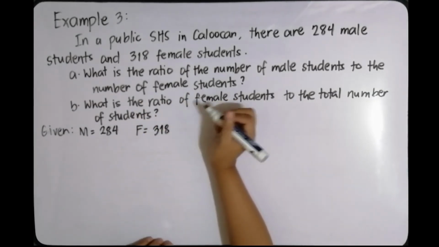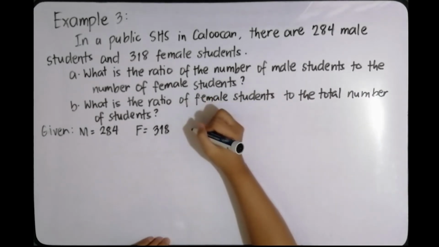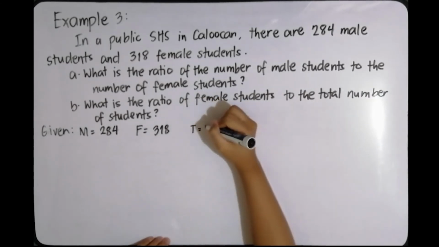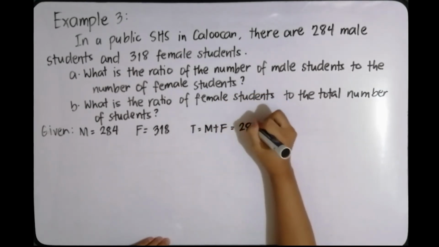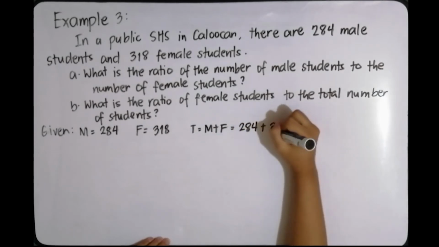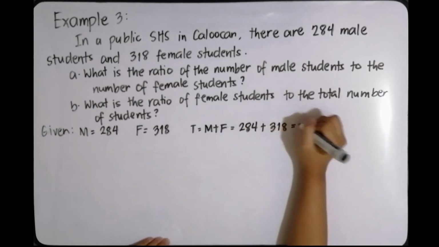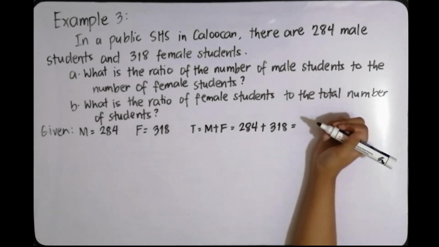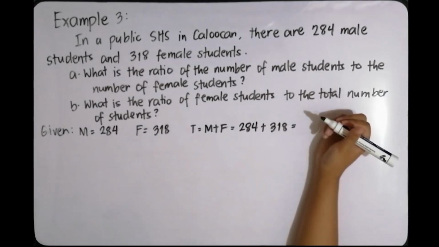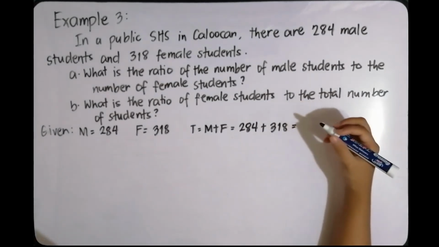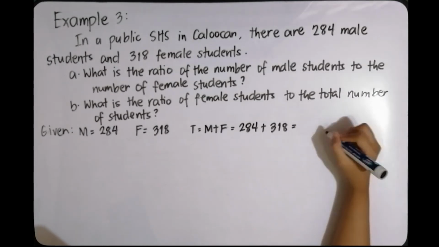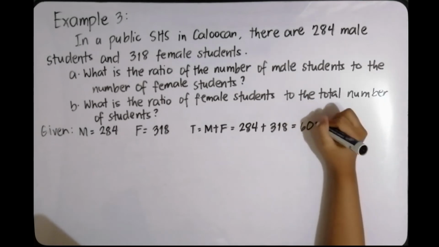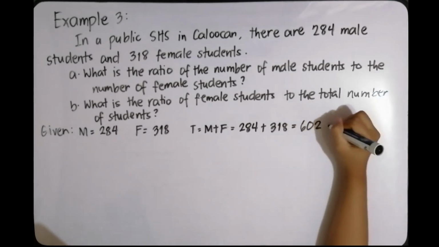The total number of students, M plus F, equals 284 plus 318, which equals 602 students.